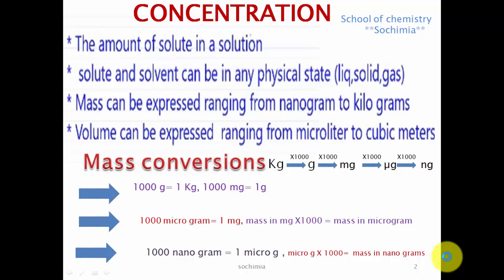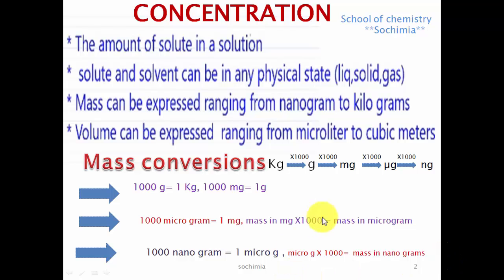And two important properties, mass and volume, are required to express concentrations in different terms. In order to have accurate concentration calculations, students must understand the relationship between different units of mass and volume.